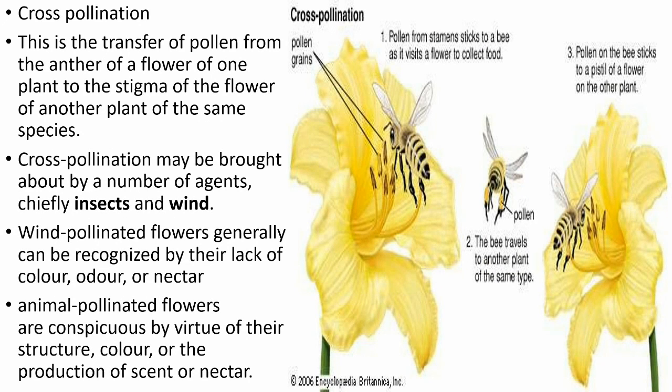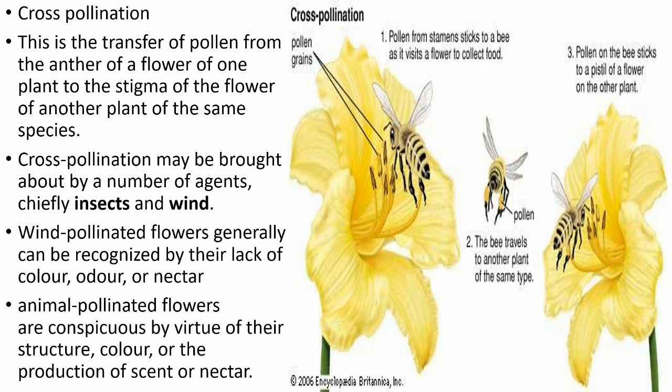Looking at the other type of pollination, cross-pollination, this is a transfer of pollen from the anther of a flower of one plant to the stigma of the flower of another plant.